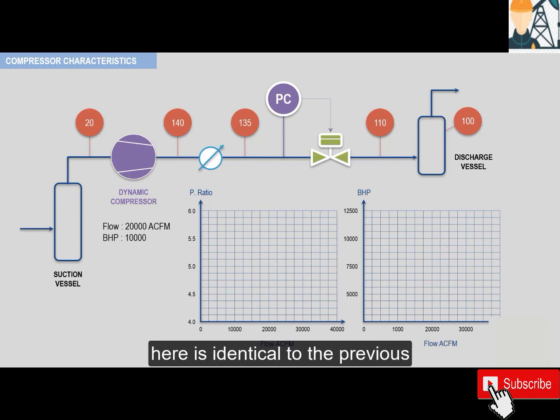The pressure ratio here is identical to the previous example, since the suction and discharge pressures did not change, and so is still equal to 4.45. So the first operating points corresponding to these conditions are plotted as shown.